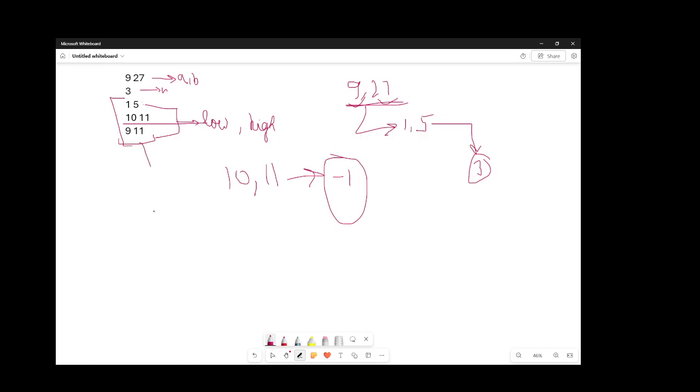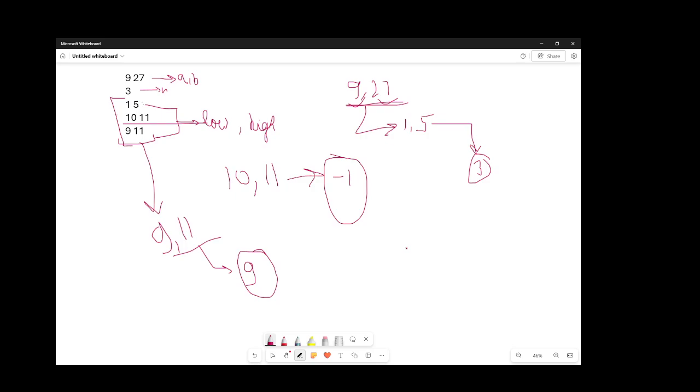And if we look here, 9 and 11, 11 doesn't divide these two, 10 doesn't divide. But if we check for 9, 9 divides 9, yes, 9 divides 27 as well. So the answer for this is 9.